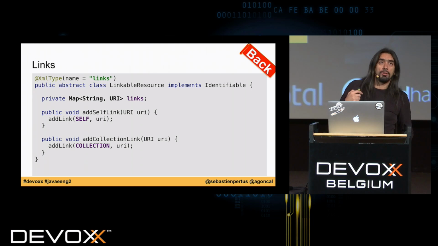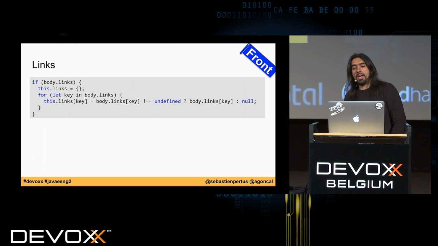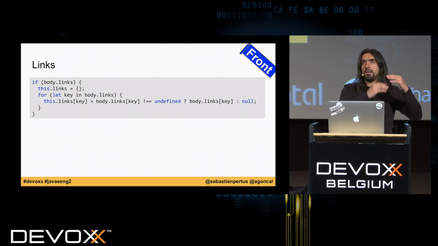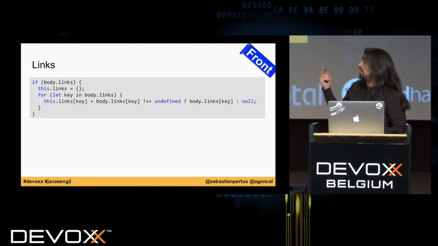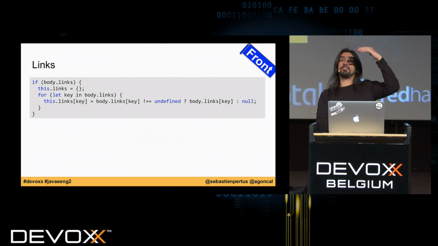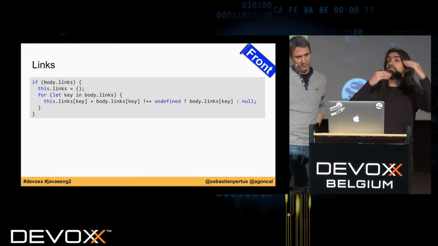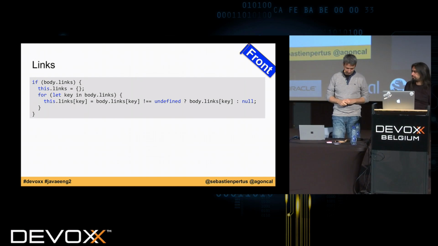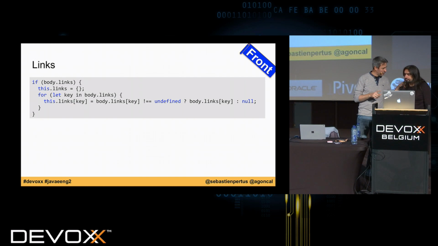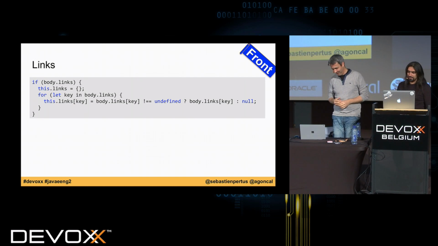So that's what I've done in the back, and in the front, Sébastien just, if there are links, he adds them to the menu. So we just check, is there any links in the body? If yes, I put them on the left bar menu or the top or whatever. You are becoming a front-end guy, I can read that. Okay.